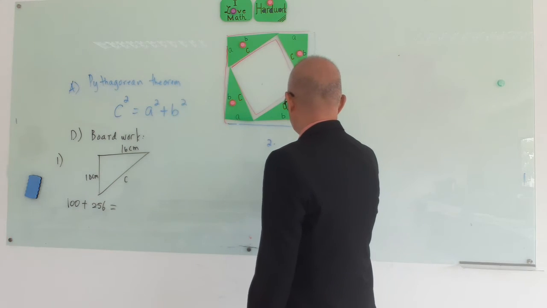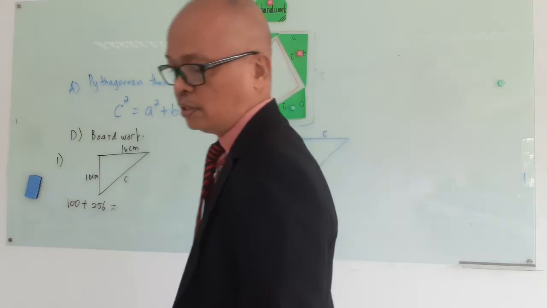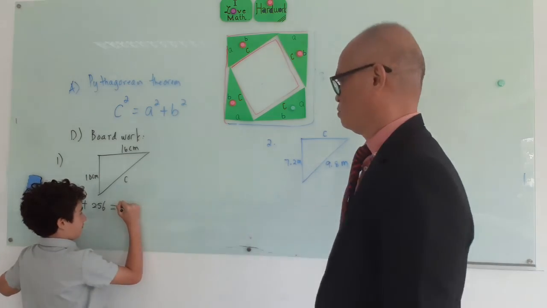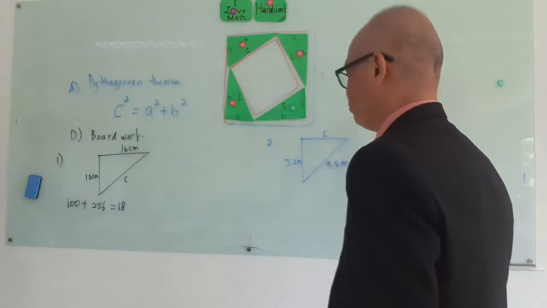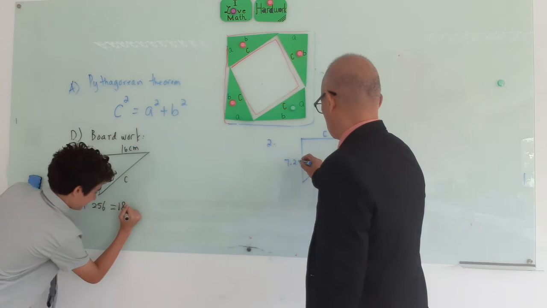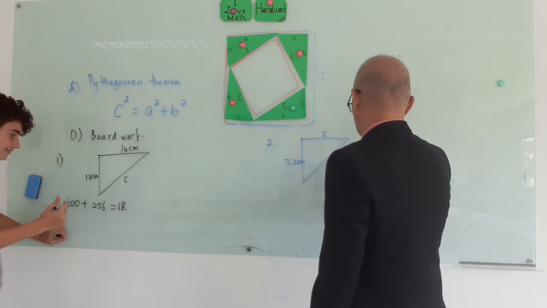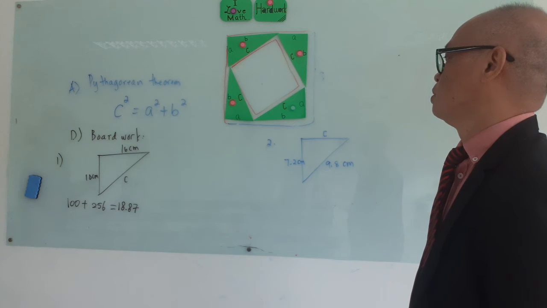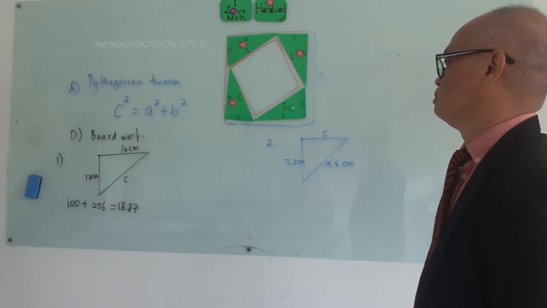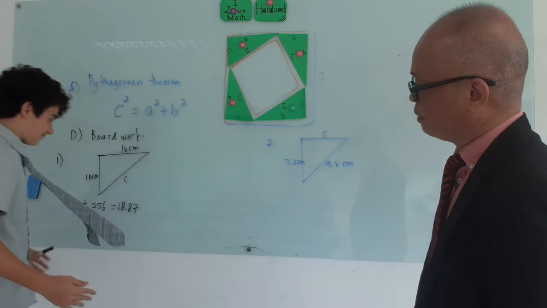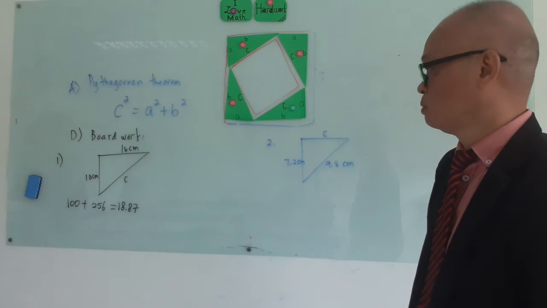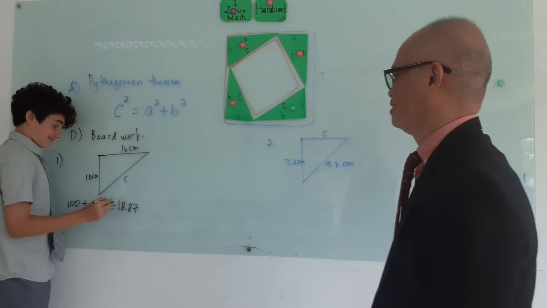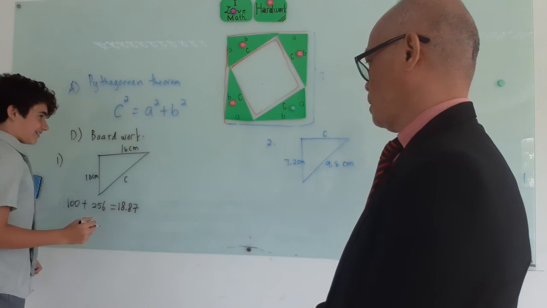Wait, I have to see the answer I put in my notebook. What is your answer? So what is your C? Is that your value? You forgot to put the root. Oh yes, root. That is equal to root 356.